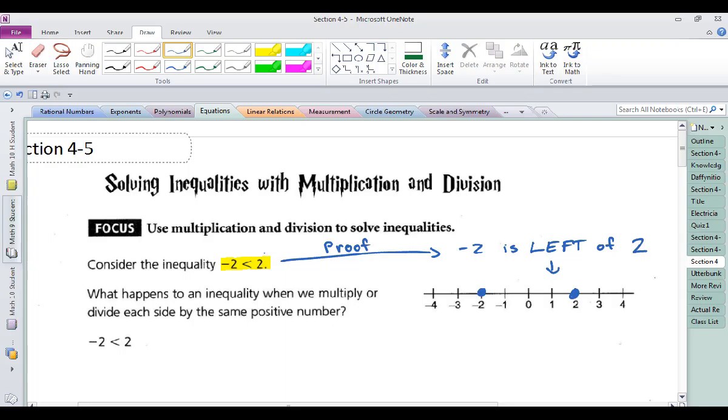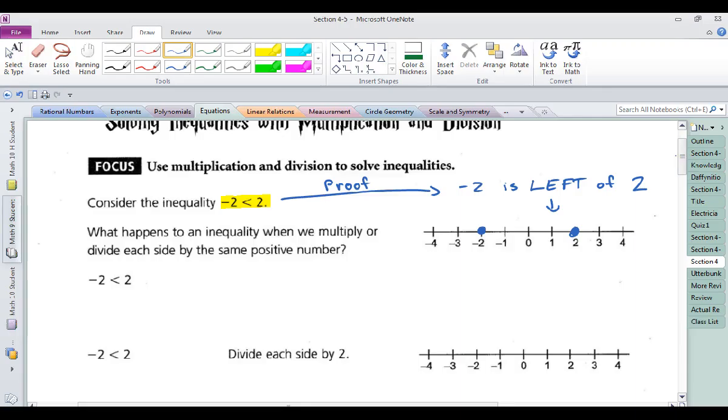Everybody cool? Okay. Now, just like we did yesterday, we're going to prove some stuff with the line. The first thing we're going to do is multiply or divide by the same positive number. So, I'm going to multiply both of these guys by positive 2.